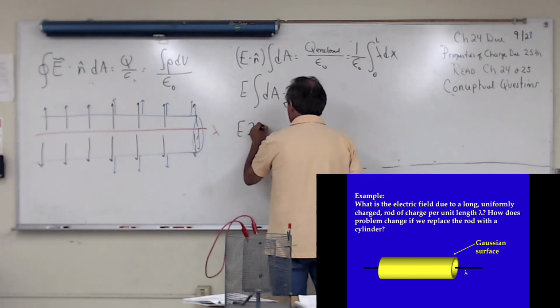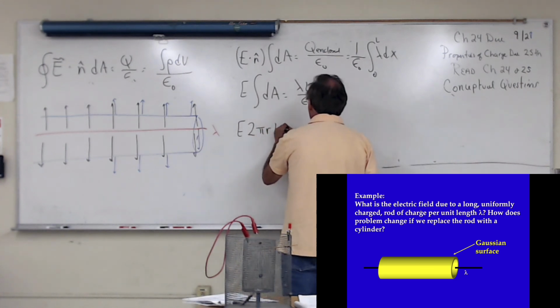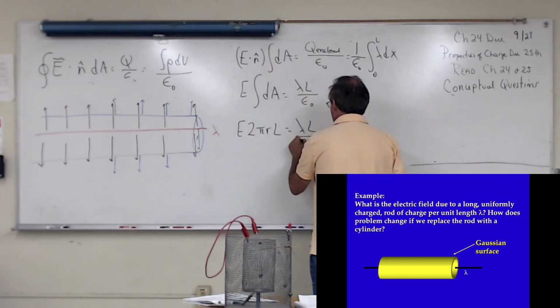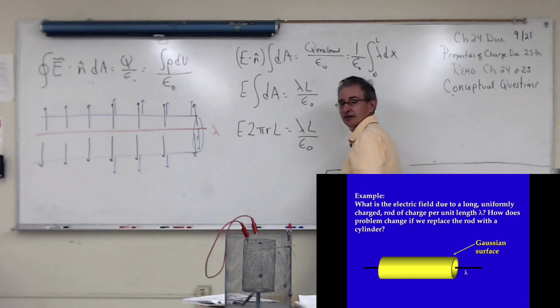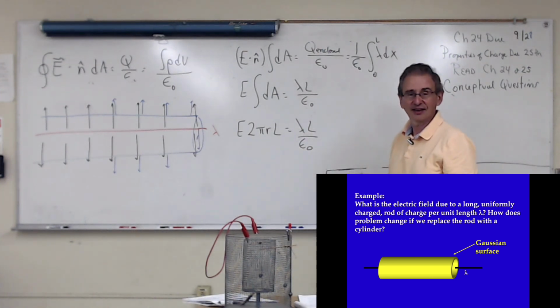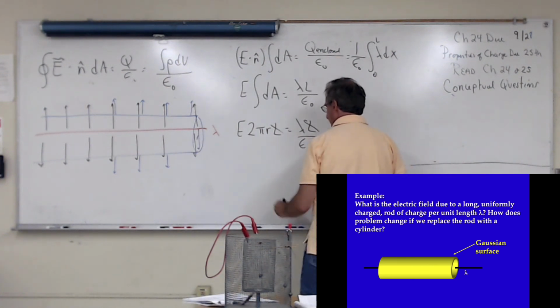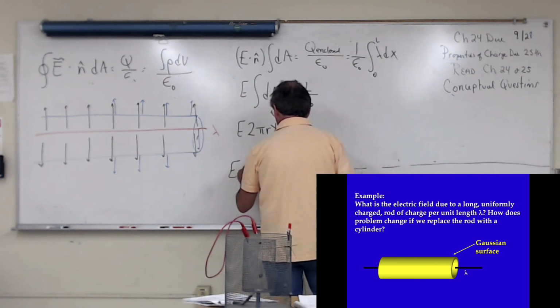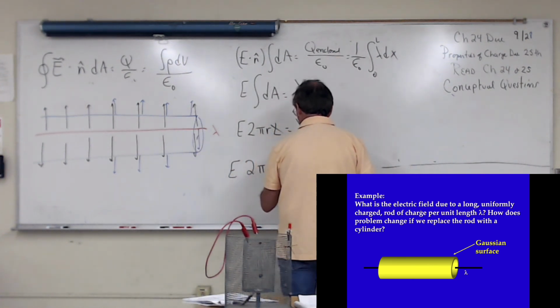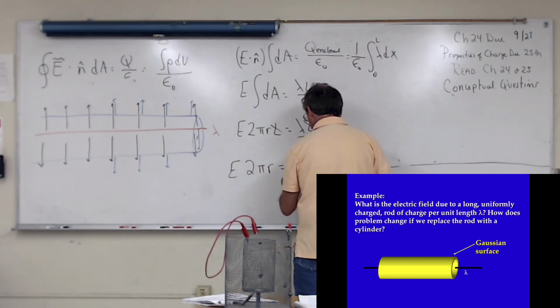It's 2 pi RL. What happens to my L's? They cancel. And so I get E times 2 pi R equals lambda over epsilon naught.